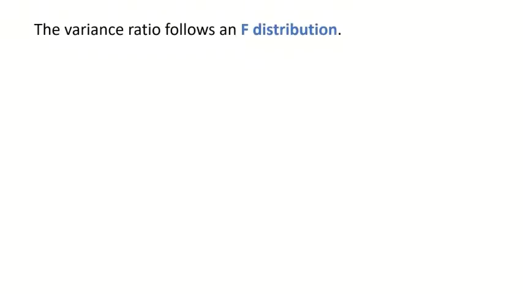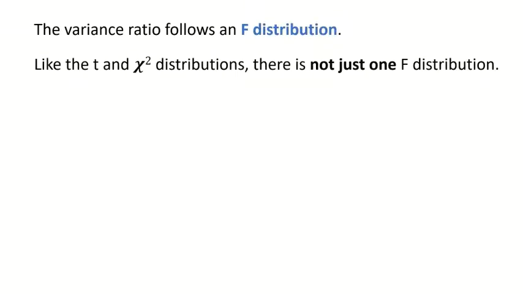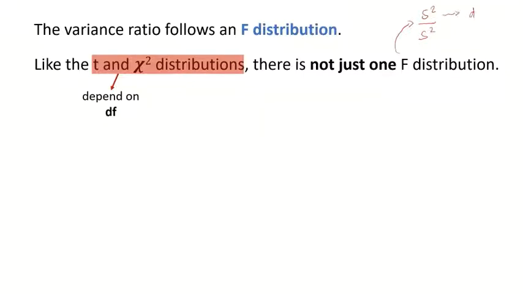So this ratio of variances now follows what we call the F distribution. Similar to the t and the chi-square distributions, this one is defined by a degree of freedom. But take note, in order to get the F value, we had to divide two sample variances, and sample variances have their own degrees of freedom.